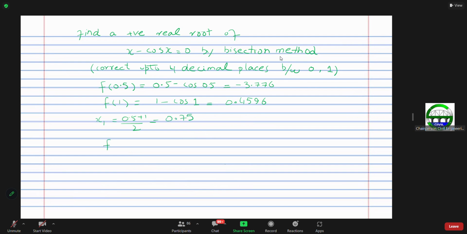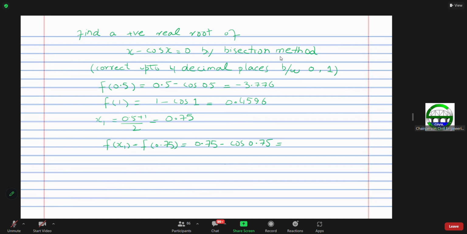So f of x1 is equal to f of 0.75, which is 0.75 minus cos of 0.75. Let me find the answer.